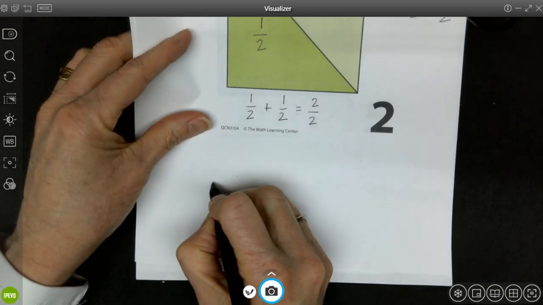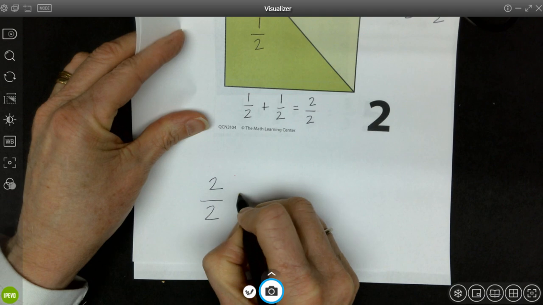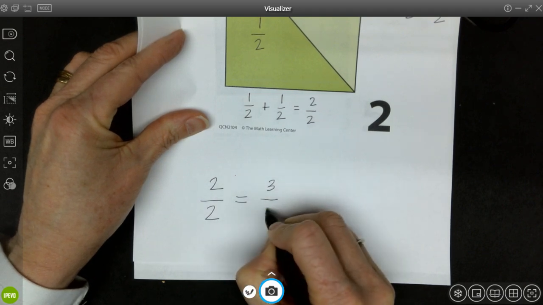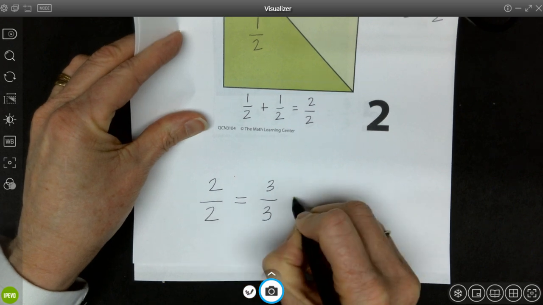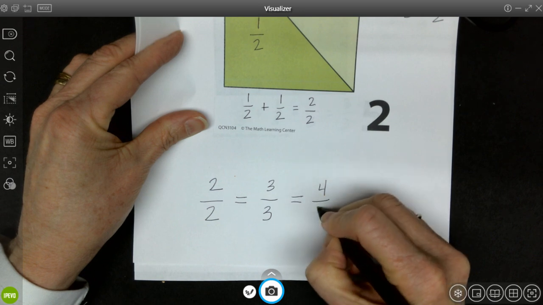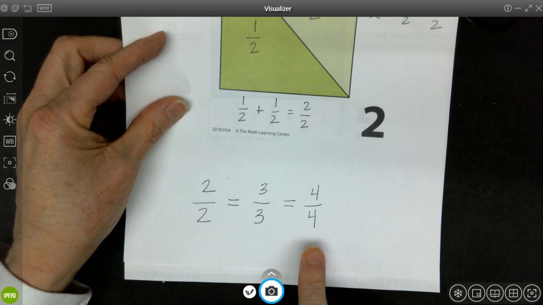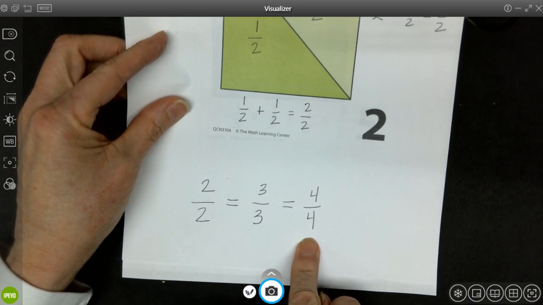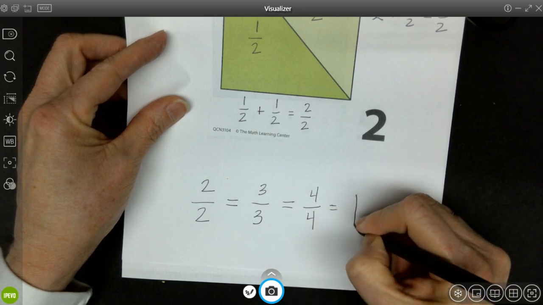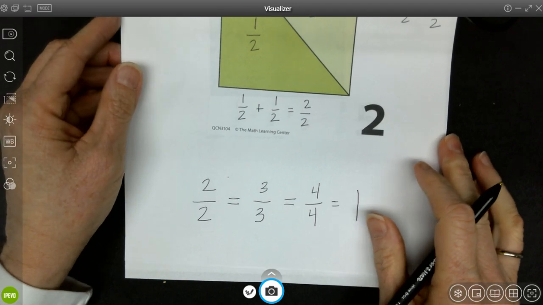I could say that 2 halves is equal to or equivalent to 3 thirds, and it's also equivalent to 4 fourths, because 2 halves made a square, 3 thirds made the square, 4 fourths made the square. We could also say that all of those are equal to 1 whole. And that's a pretty important idea in fractions.